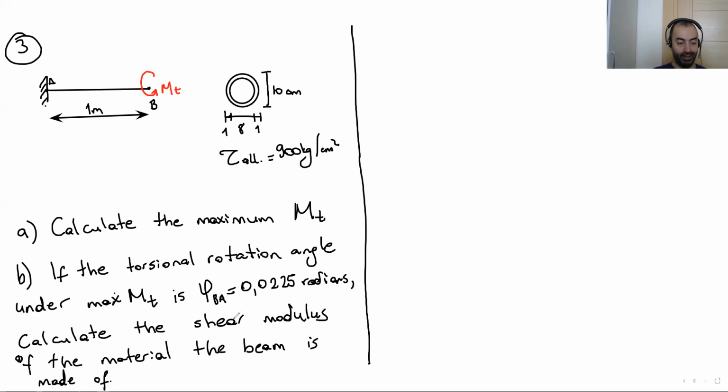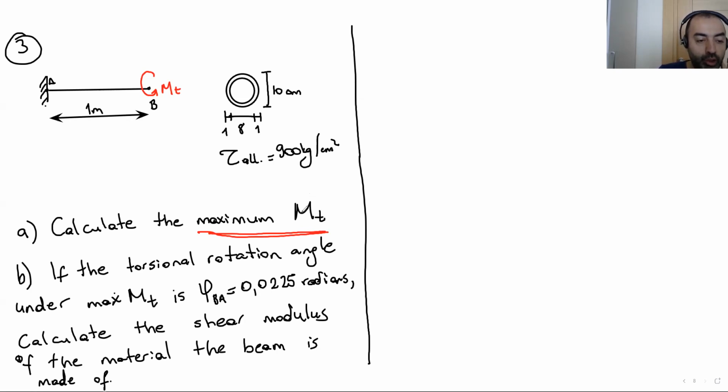So here we have two questions. Understanding the questions is important here. We have a hollow circular section and we have the allowable stress under this given data. What is the maximum torsional moment? The first question is this. The second question depends on the first one.